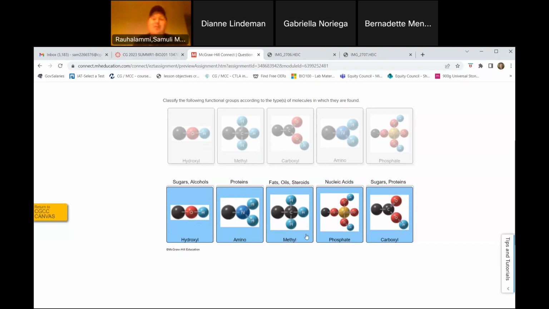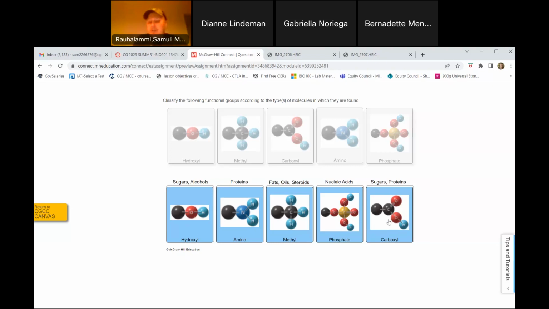Methyl groups are often found in fats, oils, steroids, and then we see the phosphate group. Phosphate groups are typically found in nucleic acids. So remember that, for example, DNA and RNA, the basic molecular structure contained one sugar, one phosphate group, and then the variable base group. So the phosphate and sugar are always found on nucleic acids such as DNA and RNA.